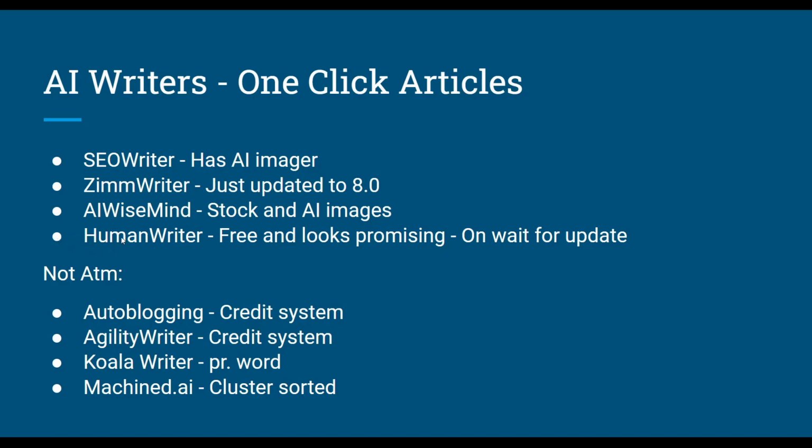Hopefully very soon it'll be ready so I can start doing this. AI WiseMind, I'm also in the middle of setting it up so I can have it ready. I've had a few problems with the niche on SimpleWriter, but I'll go into that a little bit later. Currently, I'm not going to be using Autoblogger, Agility Writer, Koala Writer, or Machined.